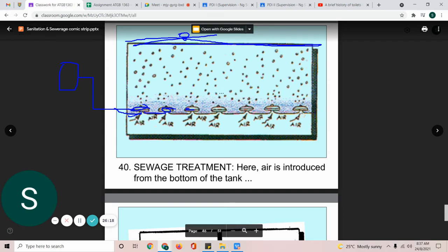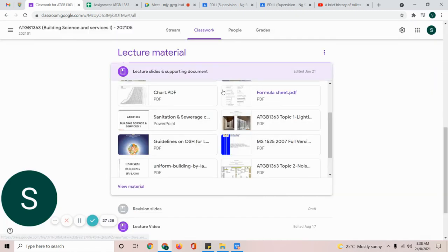When this pump runs, it is blowing air into the tank. This air disturbs and moves the whole sewage to give more oxygen into it. So like the mechanical movement on the surface of the sewage, more oxygen means more growth of the bacteria, because there is a lot of oxygen and there is a lot of food inside.